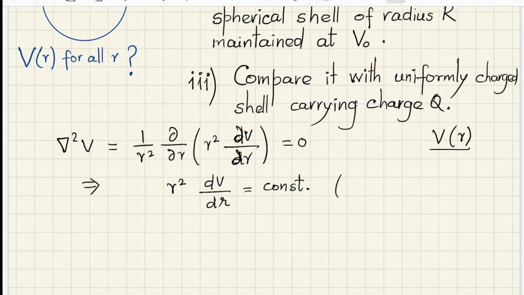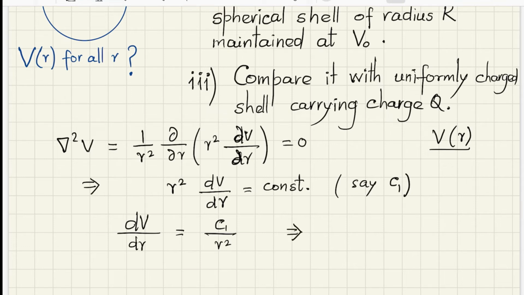All right, let that constant be C1. Then what we have is dV by dr, I'm interchangeably writing, let me stick to r from the origin, dV by dr is equal to C1 by r squared.